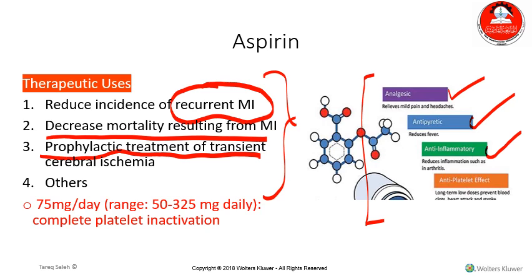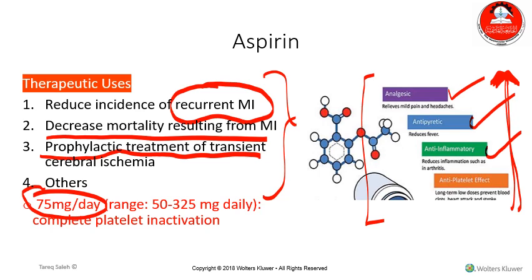But note here that these effects of aspirin are dose dependent, and the dose that is required for aspirin to exert its antiplatelet function is usually a low dose of 75 milligrams per day. That's what you need to be able to reach the antiplatelet effects of aspirin. If you want to achieve more effects such as anti-inflammatory and antipyretic effects of aspirin, you have to increase the dose that is given to a patient every day.